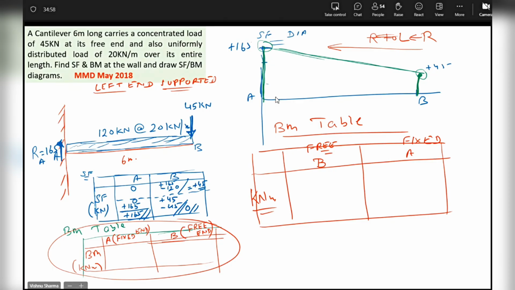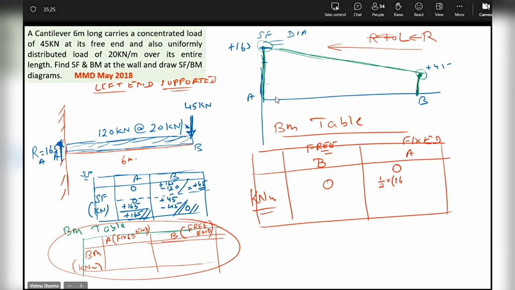What is the bending moment at B? What is the area to the right of B? It is 0. I am coming from right to left. Now, what is the area to the right of A? I carry forward this 0. And then the area of this trapezium, I'll come to the sign later.